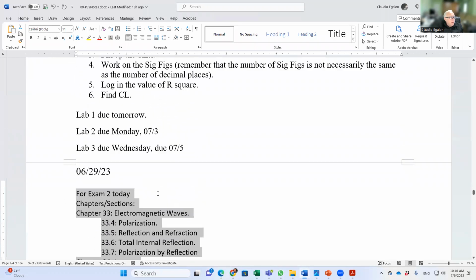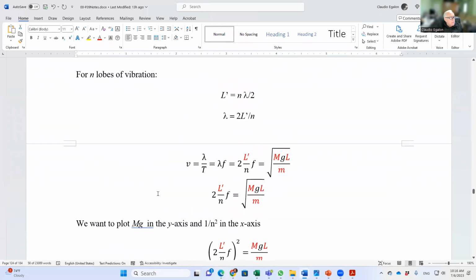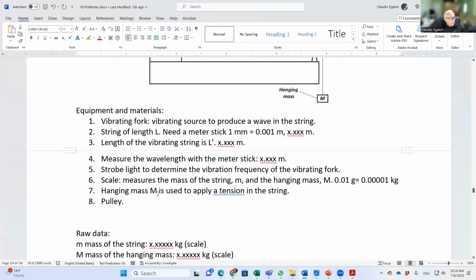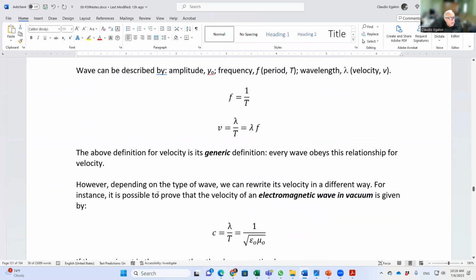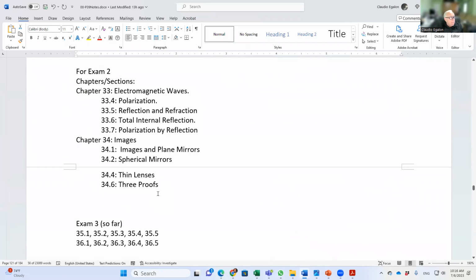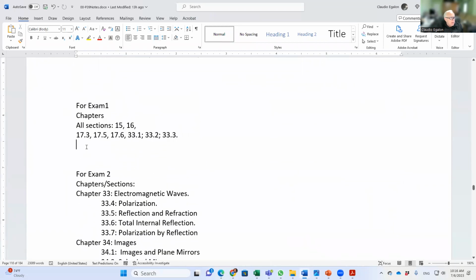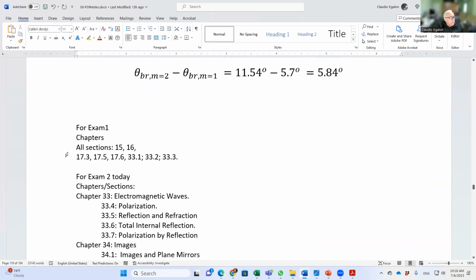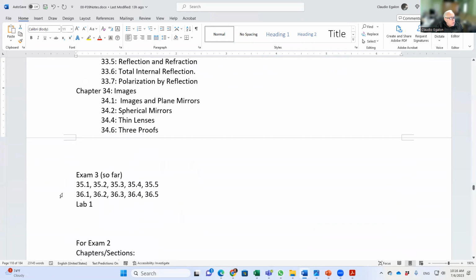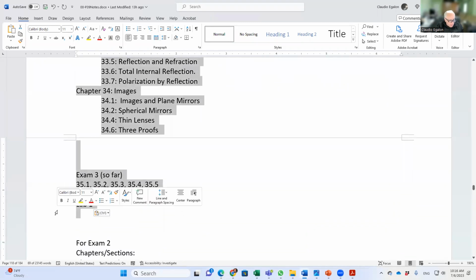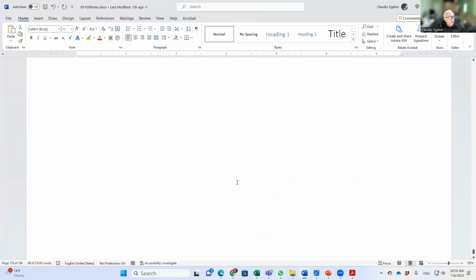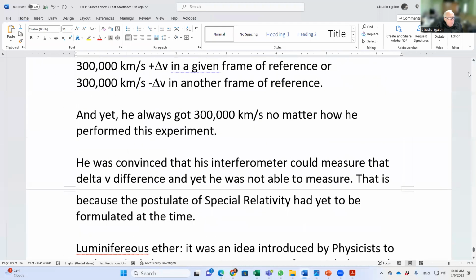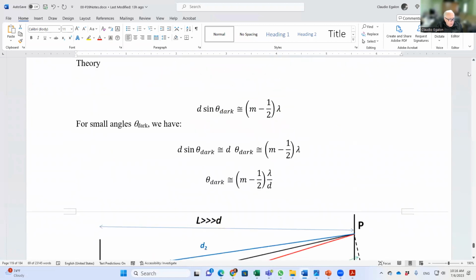Chapter 37 we left for the final. And then we have to look for exam 1. Exam 1, 2, and 3, going all the way down, every chapter we have covered.